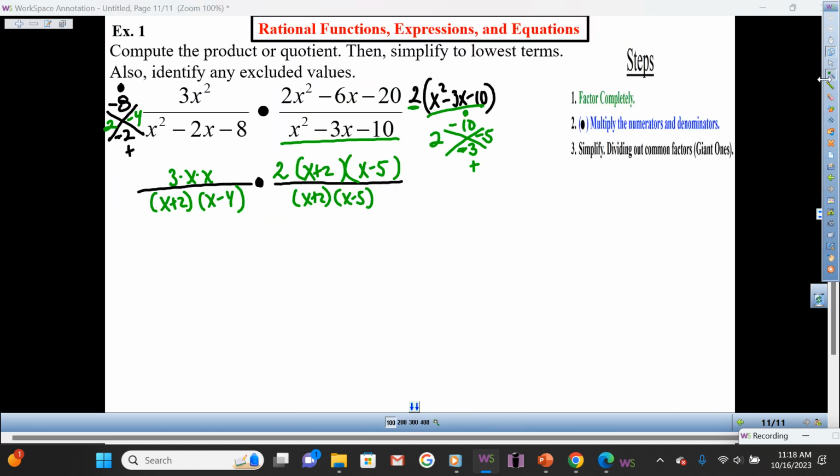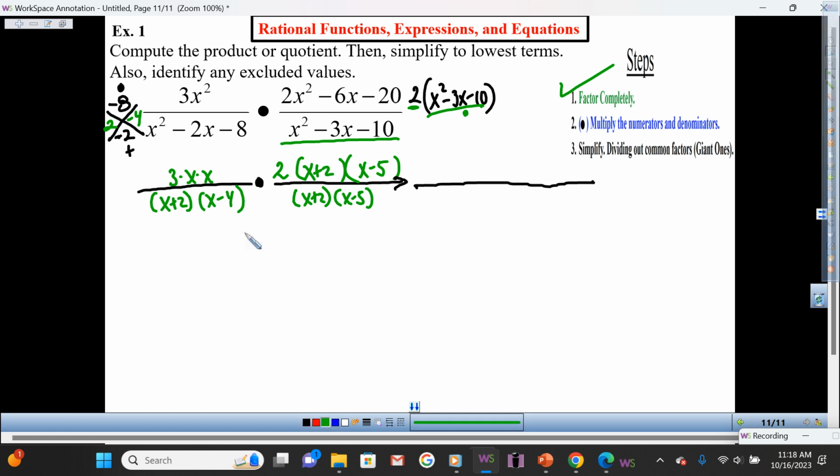So step 1, did we factor completely? Yes. Step 2, we're going to multiply. So let me erase this portion right here. Basically, we're going to make one fraction. Here we go. This is how I start.